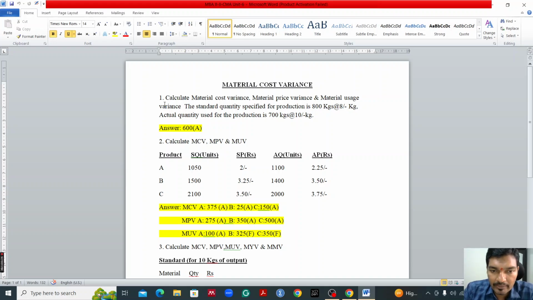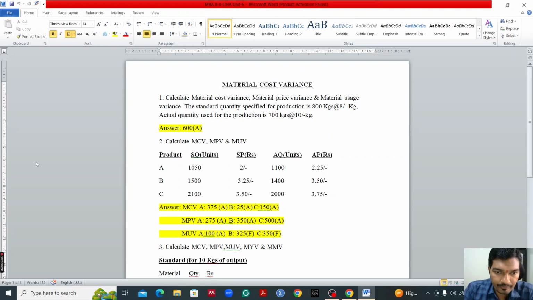But when the material concept is given, sometimes material A, material B is given. Sometimes while manufacturing a single product, the producer uses a wide variety of materials. At that time we need to calculate MCV, MPV, MUV, even MMV separately and combine them.